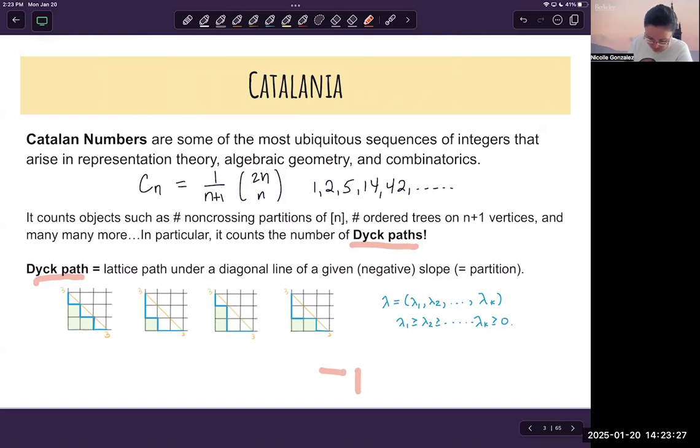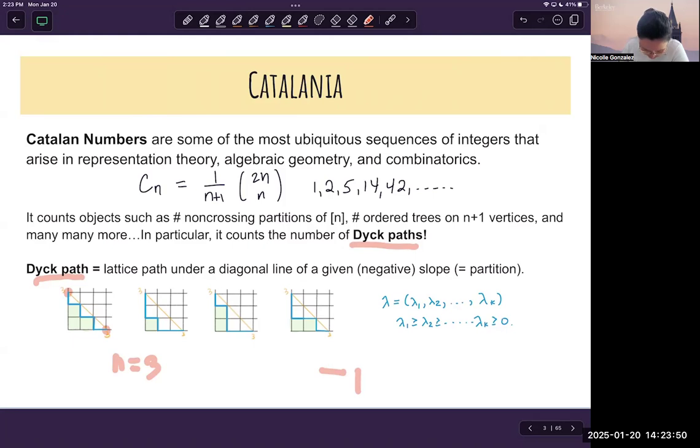So these would be the Dyck paths corresponding to n equals 3. As we see, we draw the diagonal in all of these cases, and we're looking for paths that start and end at each of these points, but that never go past the diagonal. So they're bounded above by the diagonal. And again, they consist of vertical or horizontal steps exclusively.